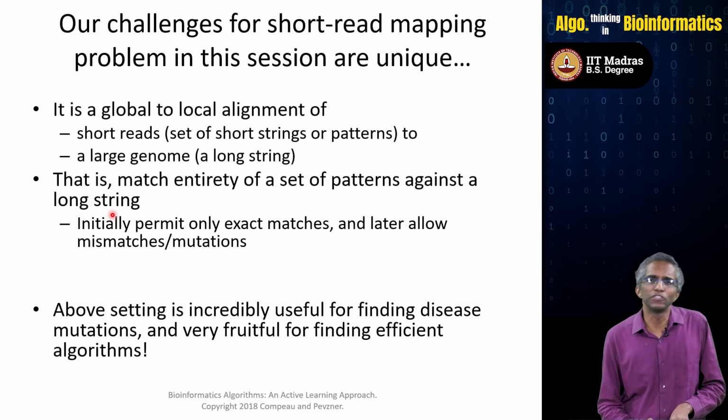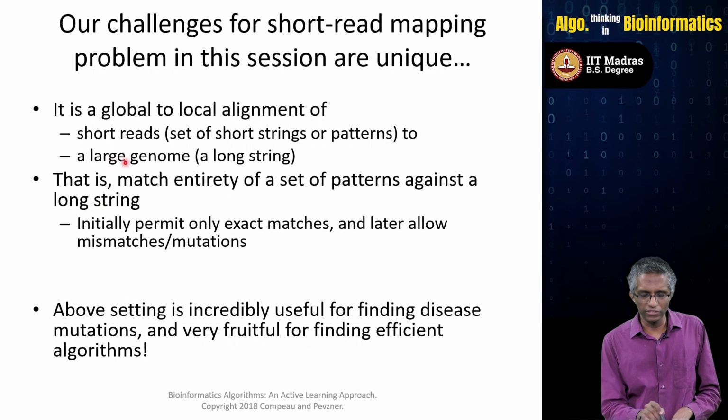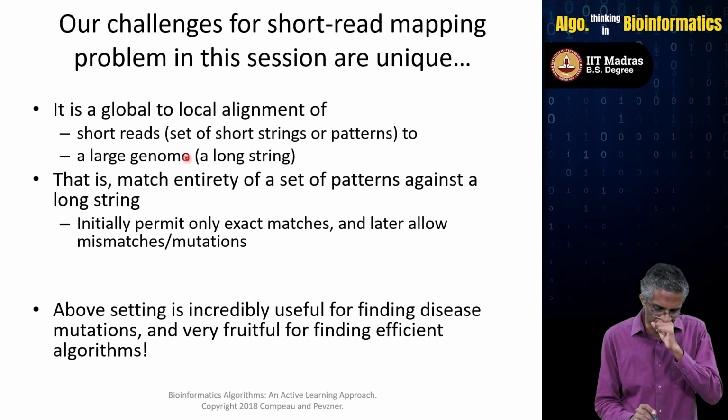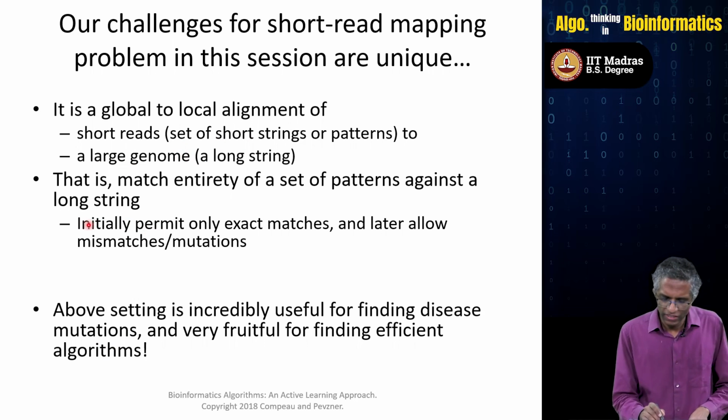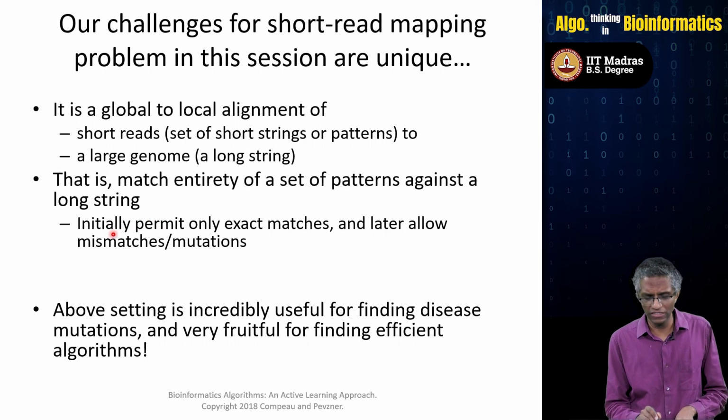That is what it is computationally, where the set of patterns is all the short reads, the set of short strings or patterns, and the long string is a large genome. You are doing a global-to-local alignment of the short reads to some substring of the large genome. And like I said, we are not going to consider insertions or deletions. We are only going to permit exact matches and later allow mismatches or mutations.